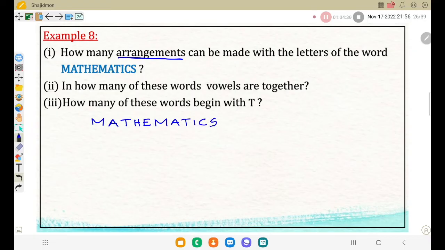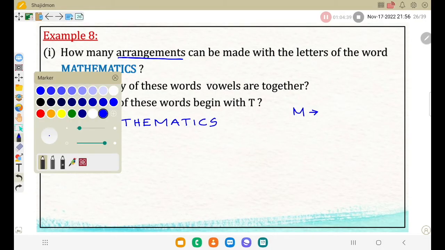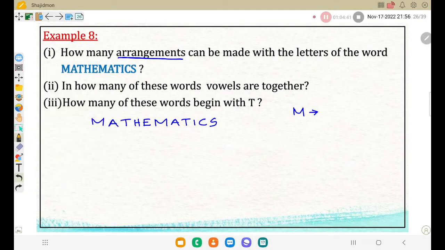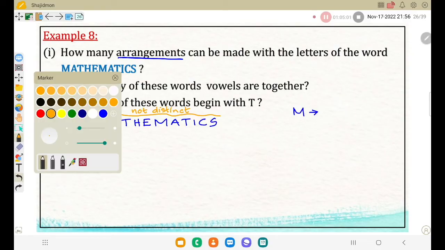mathematics, correct? So first check how many times the letter M comes. You can just put a tally here. Before counting, keep in your mind this word is not distinct. Mathematics is not distinct, correct? So for the not distinct case, just count how many times each letter comes.